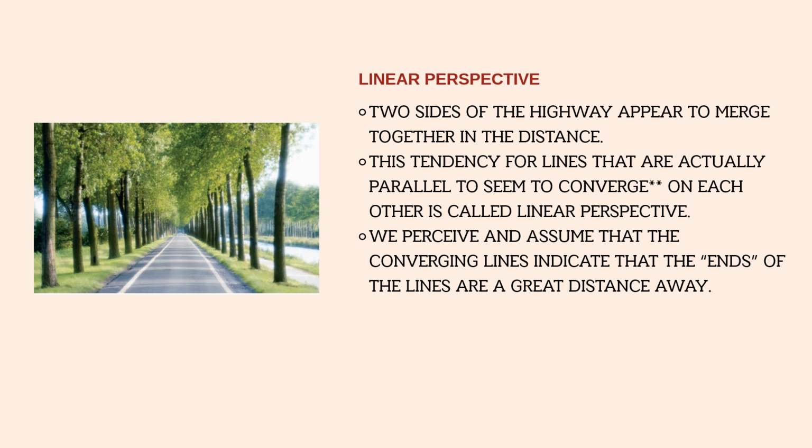So this tendency for us to see lines in that particular way, and these are actually parallel lines, but we see them as converging on each other, is called linear perspective. But rather than thinking that it is going to converge there or going to end there, we perceive it as the road being a very, very long road and it is going to end very far away from us, right?